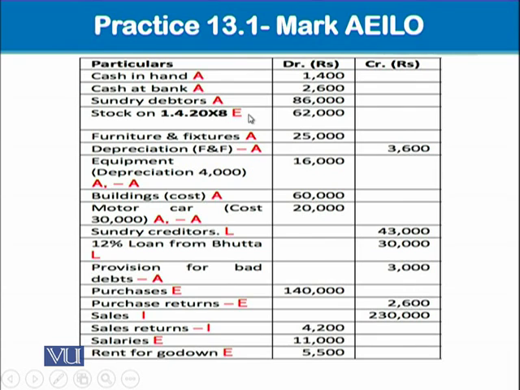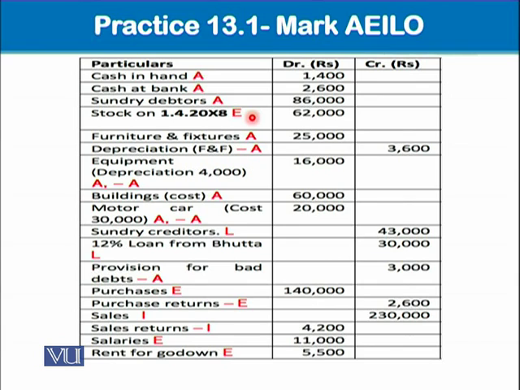Opening stock is not an asset, remember. This opening stock is in fact the stock that was an asset with us in the previous year. Now, this opening stock is our expense because this is the stock that will be sold prior to any other inventory item.